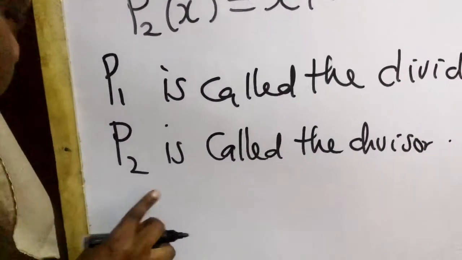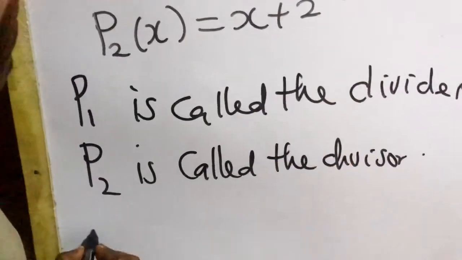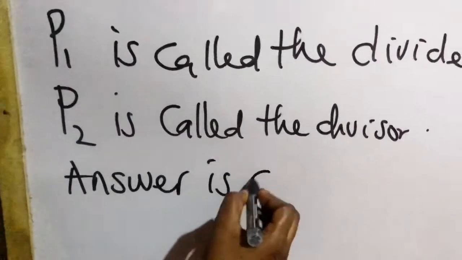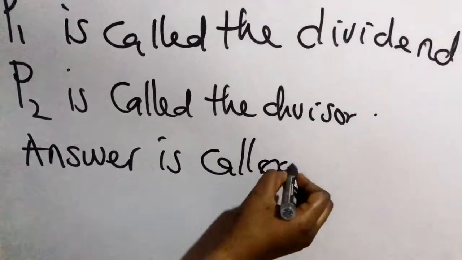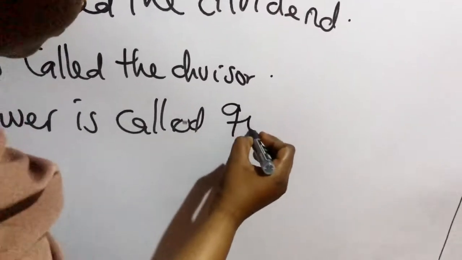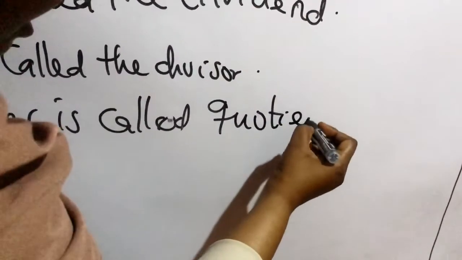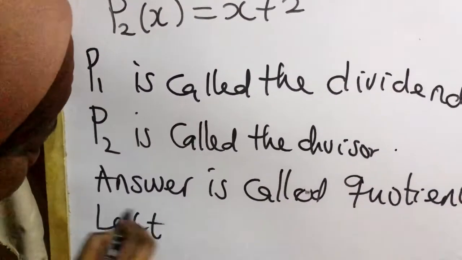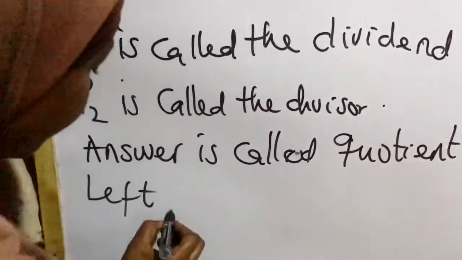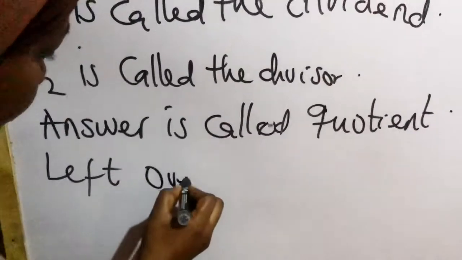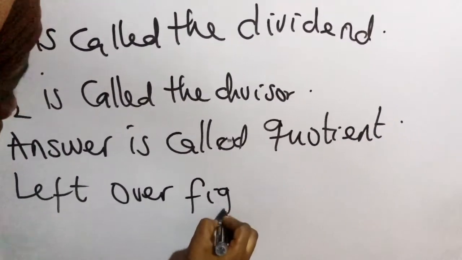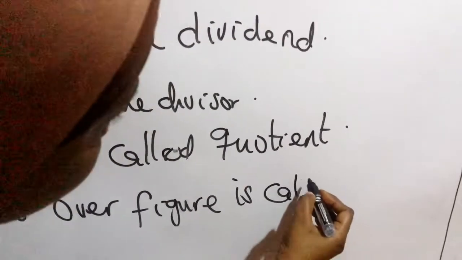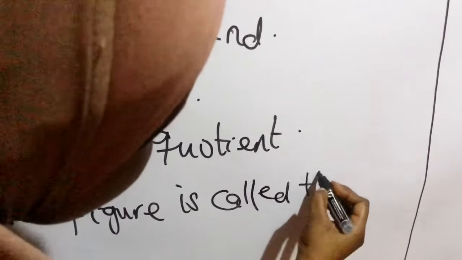The answer that we are going to get is called the quotient. And the leftover, any left answer or leftover figure, is called the remainder.